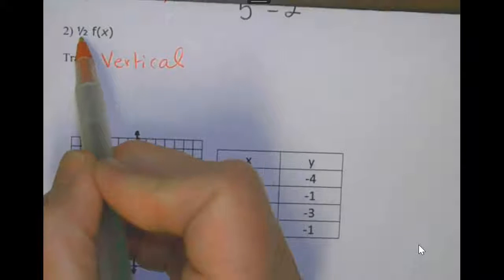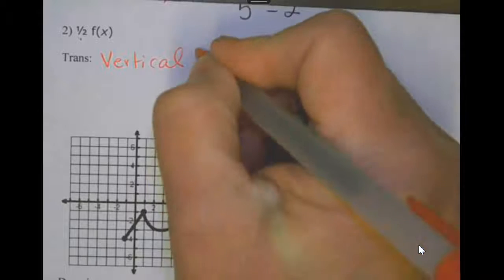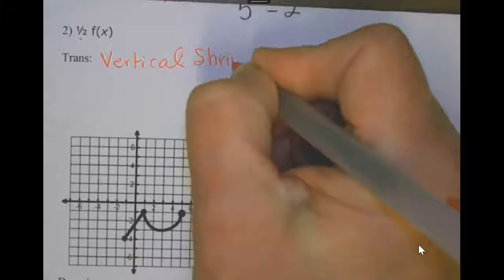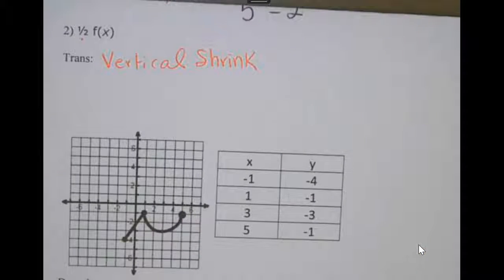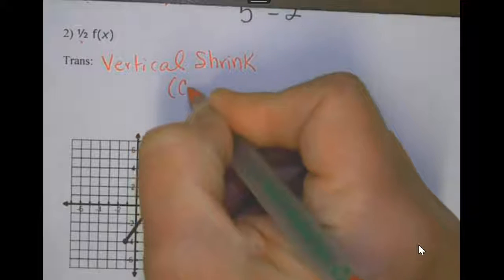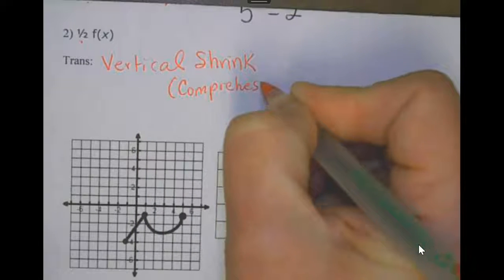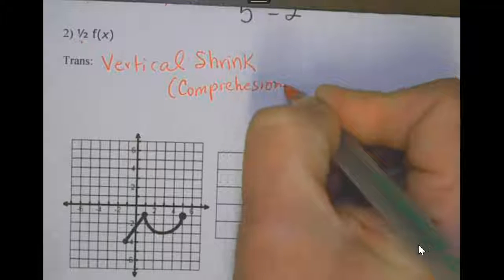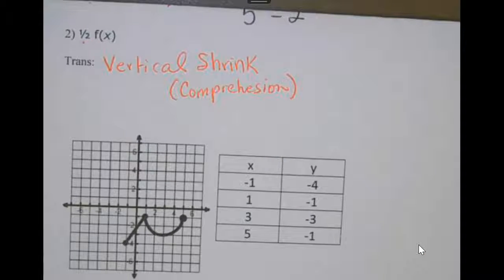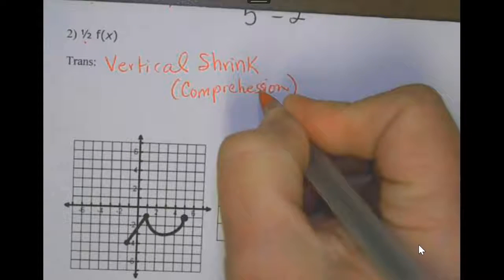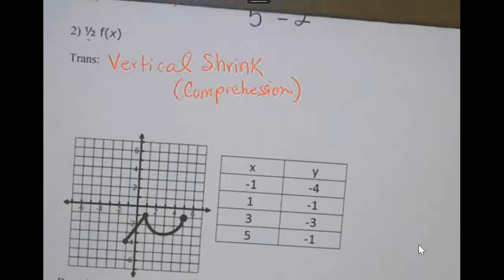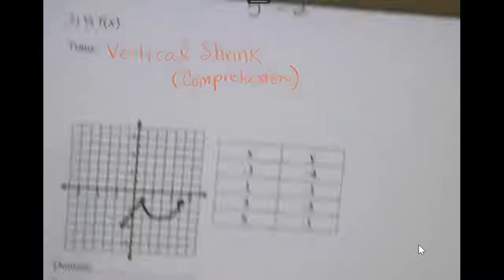If this number is less than 1, it's going to shrink. Another word for shrink is compression. Okay, so how do you get this compression?